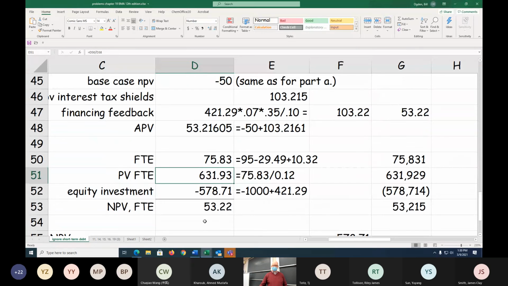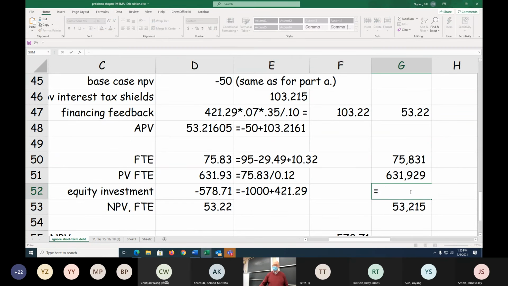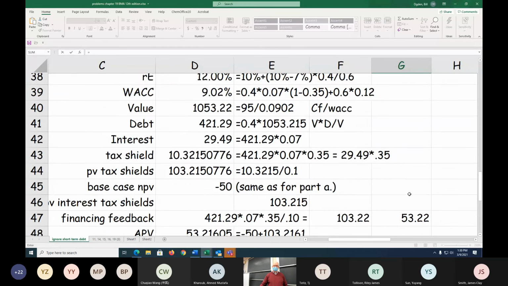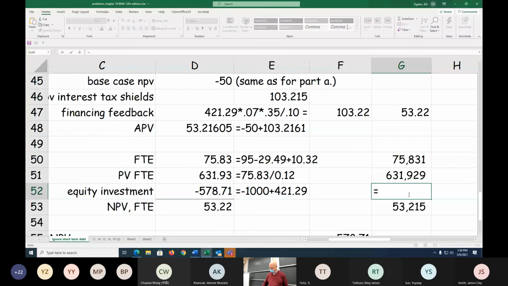Let's redo the equity investment, make sure we get it. Let's do it over here. Equals. Project cost was $1,000. And we borrowed against it what?